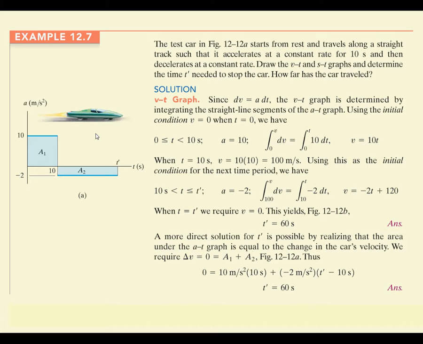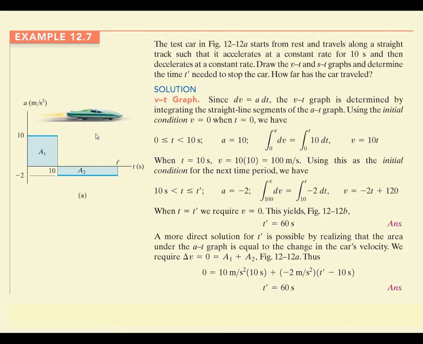So the acceleration is 10. If you integrate both sides, you're going to get v equal to acceleration times time. So in this case v would be 10t, which is the acceleration times time, and at 10 seconds that gives 100 meters per second, using this as the initial condition for the next time period.